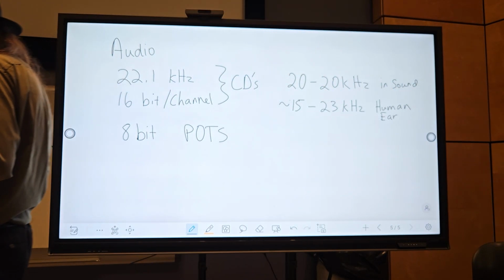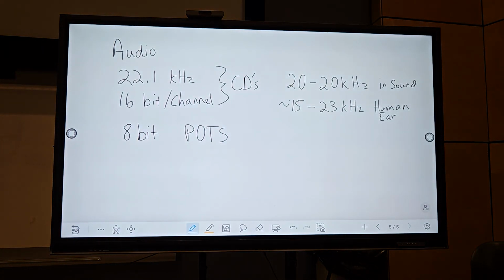But it is beyond the range of CDs, so true audiophiles don't like CDs. They like vinyl records because they're analog and have a greater frequency response. The vibrations of the needle on the record player can exceed 20,000 hertz and fall below 20 hertz.